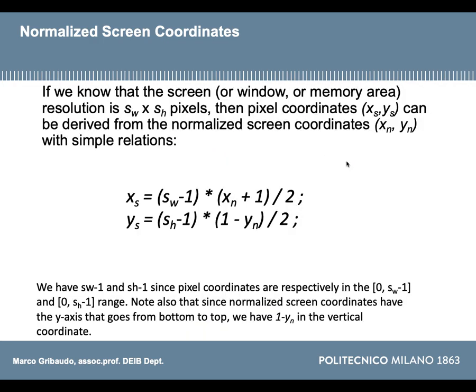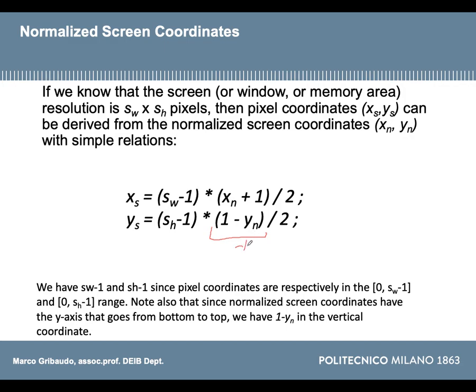Okay? Note also that since here the y-axis is flipped with respect to the hardware coordinate, when we go to the hardware coordinate, we have to switch the direction, so that what was at -1 vertically will be at the bottom of the screen, and what was 1 will go at the top. So instead of doing y plus 1, we do 1 minus y.